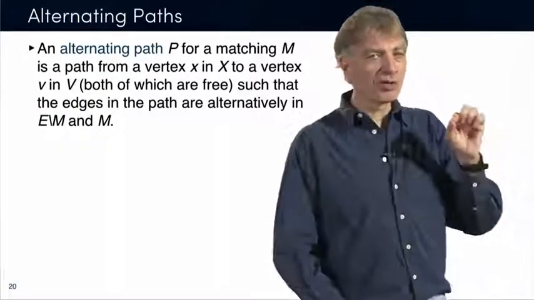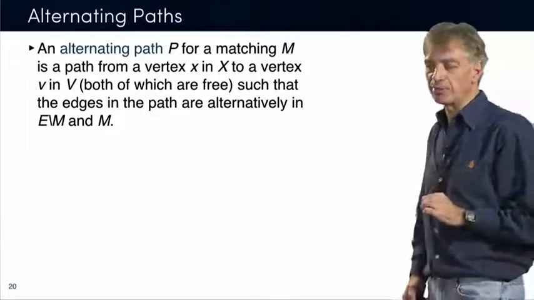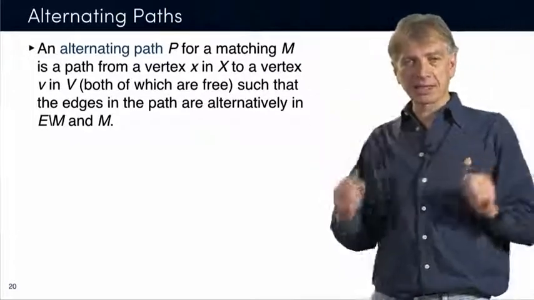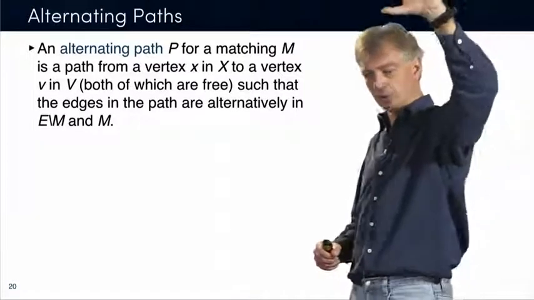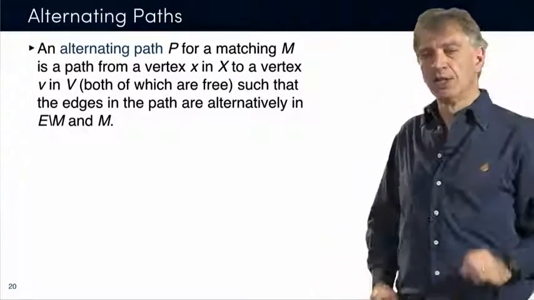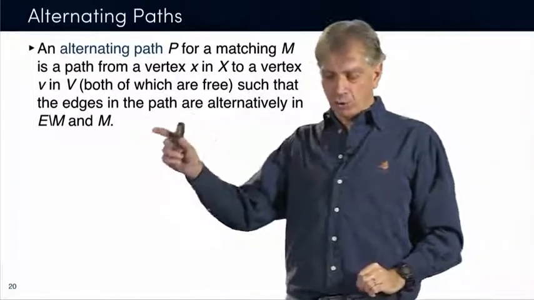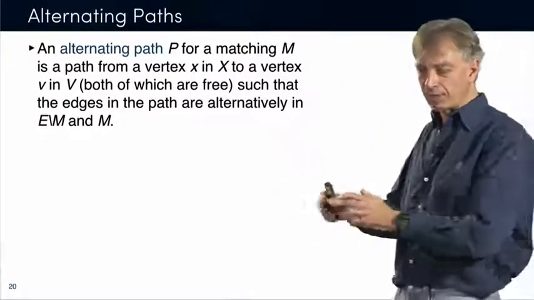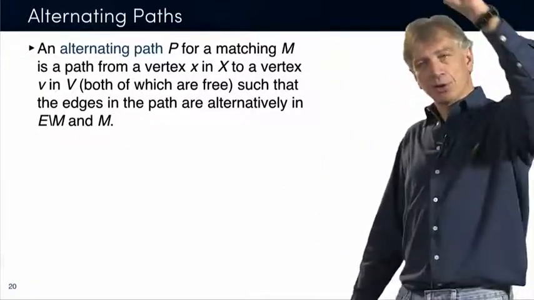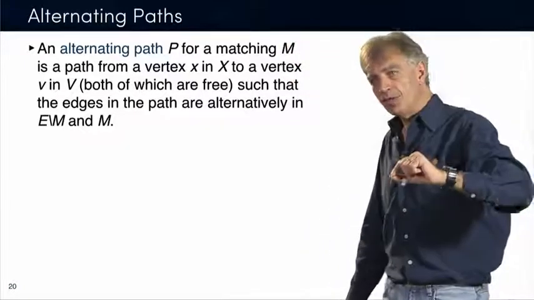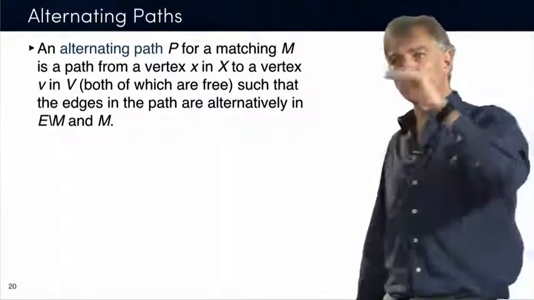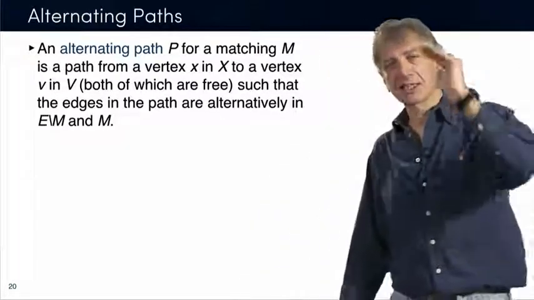So essentially what I'm using here is what is called an alternating path. If I have a matching, an alternating path from a free vertex in X, the top set of vertices, to a vertex in V, the set of values, is a path from this variable X to the value V, where the edges alternate between being not in the matching and being in the matching.